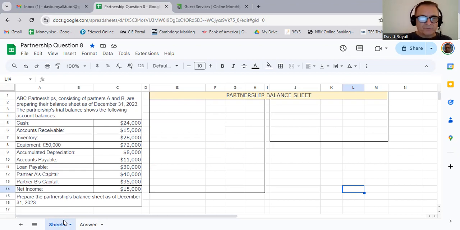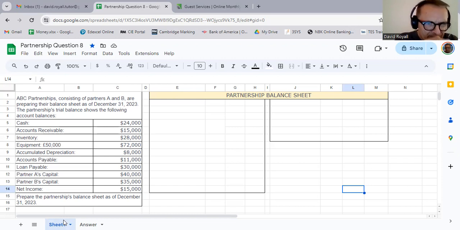Okay, straightforward question. But this time I focus more on the balance sheet because I haven't done that up till now. All right, so here we've got ABC partnership consisting of partners A and B. Kept it relatively short now.